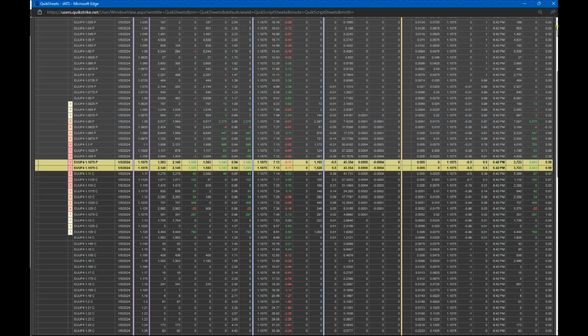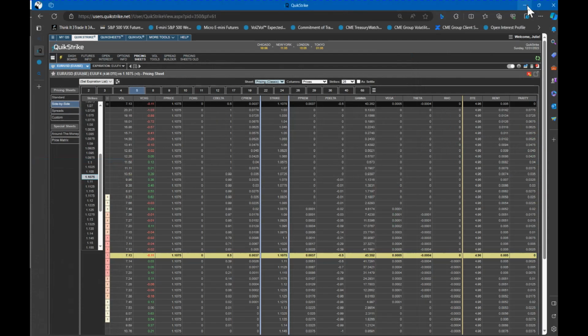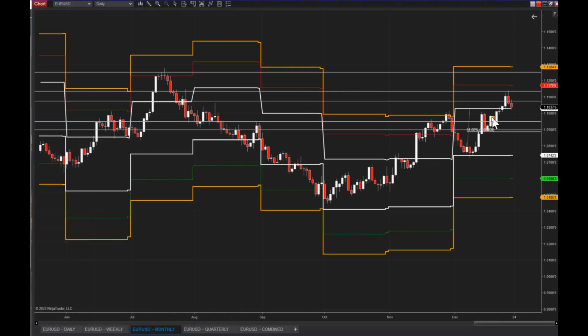So I would use this in conjunction with your Jats PT historical levels to give you an idea of how the historical volatility lines up with the implied and help you with your probabilities.